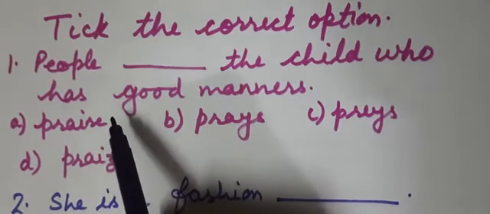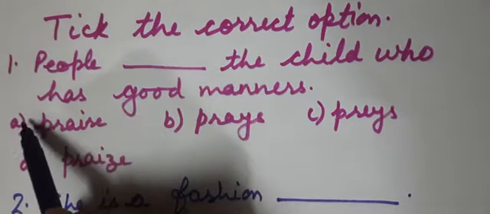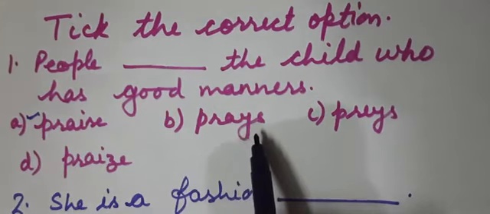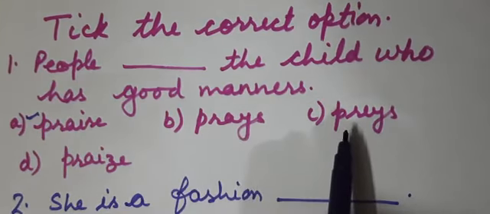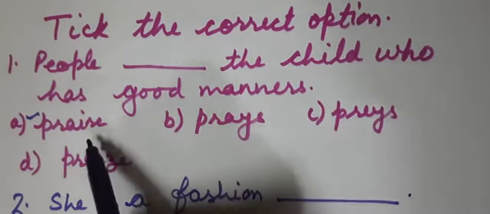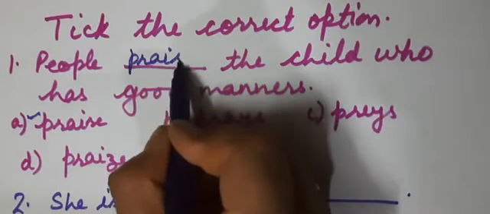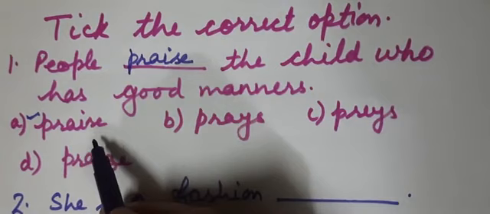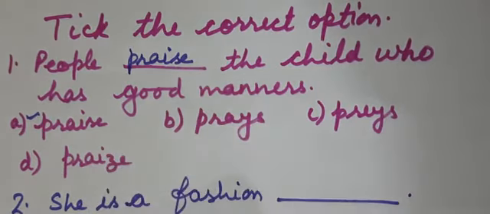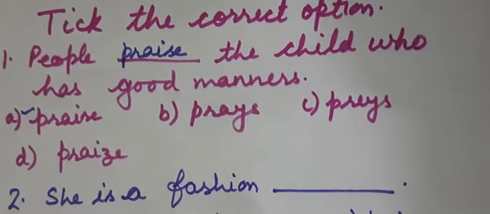Over here, the word meaning praise, in the sense of appreciation, will come. So you came to know which one will come, and we will take it. Now let's proceed with the second sentence.